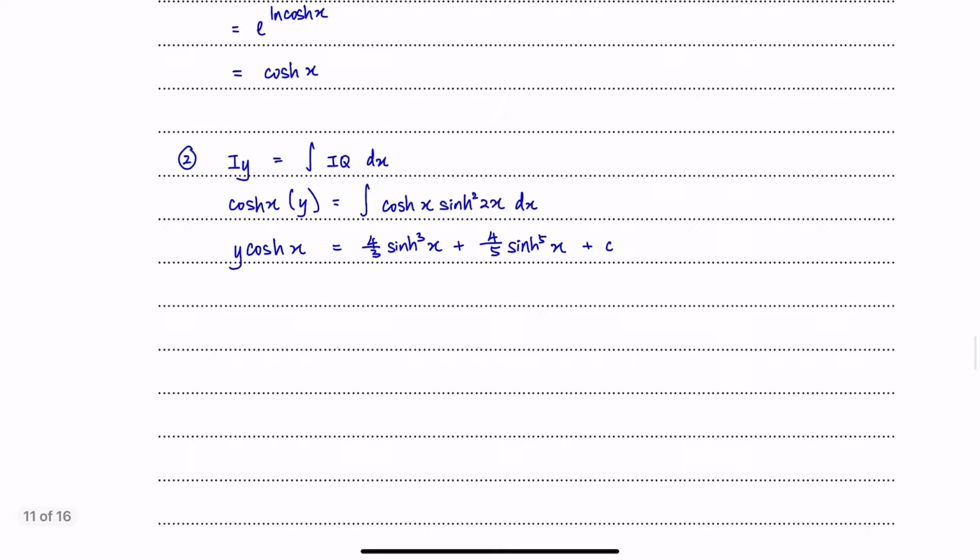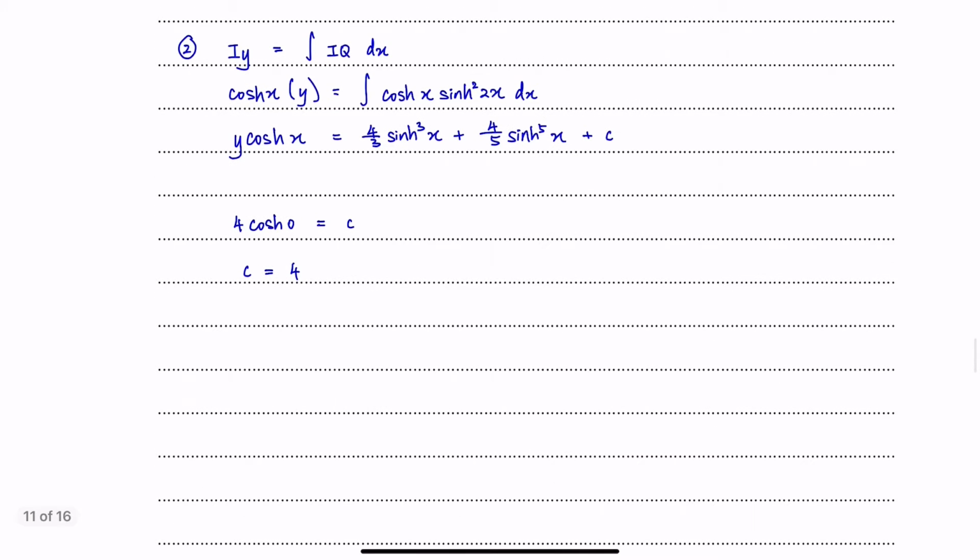So y equals 4, x will be 0. Sin 0 is 0, so we don't have to care about these two terms. So c would be 4, because cos 0 is 1. You can type it into the calculator and check.